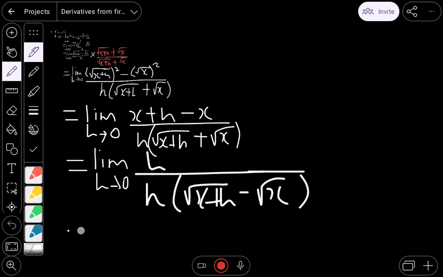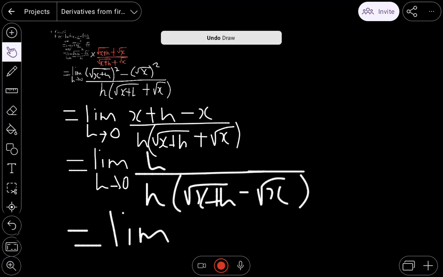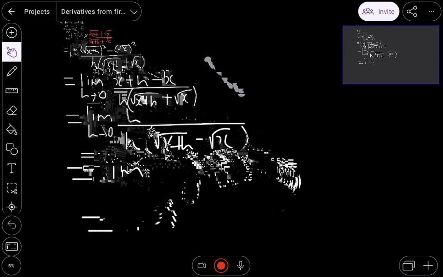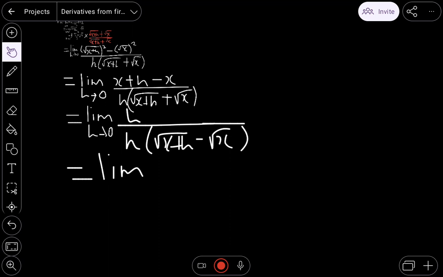The h's are going to cancel, so I'm going to remain with the limit when h goes to 0. I'm going to move this up again, the space is way too small, but it's fine.